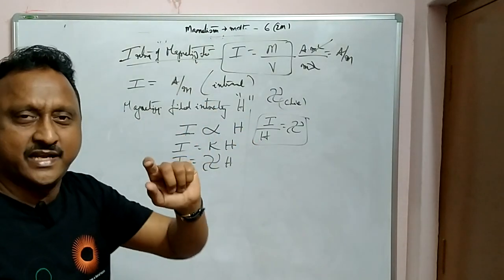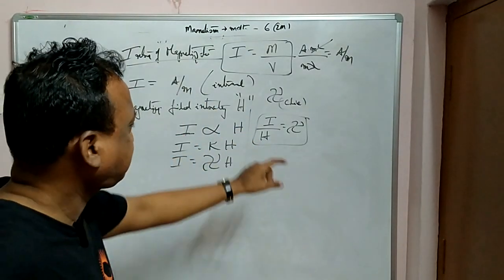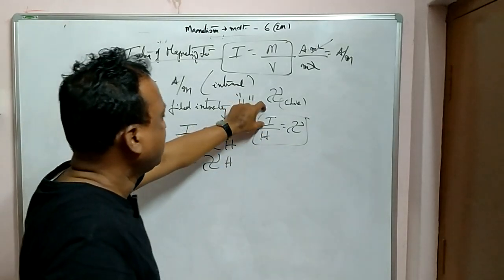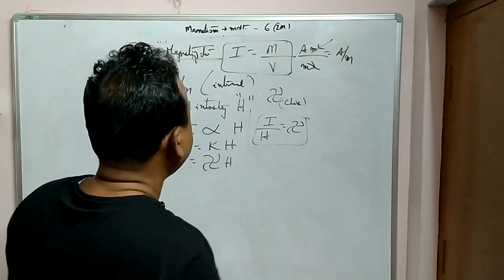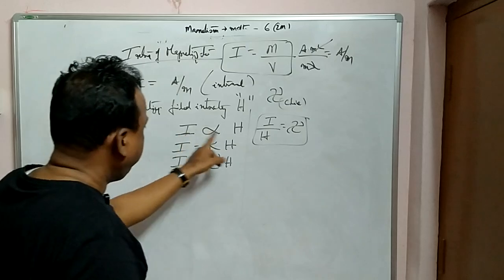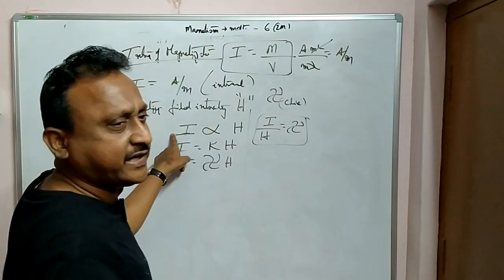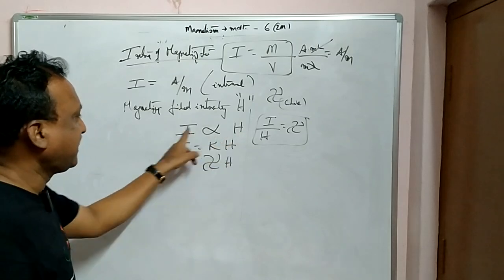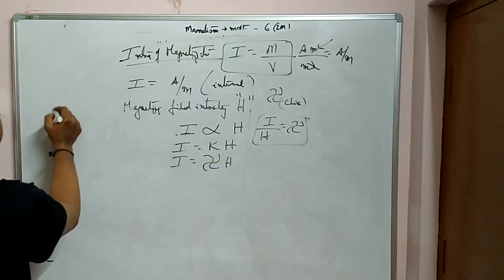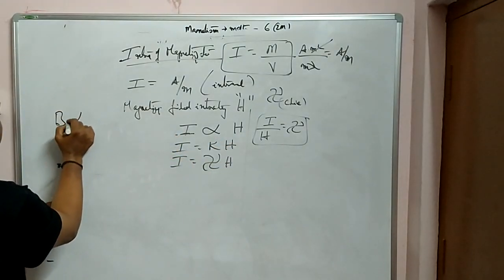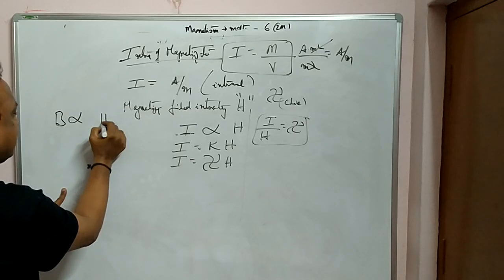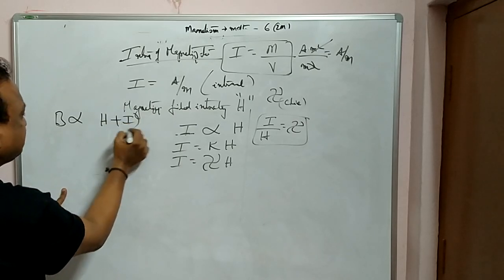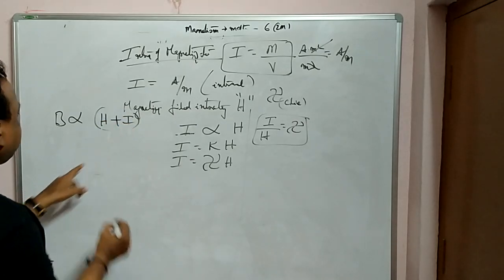Since both are intensities, it doesn't have any units and dimension. It will have some value. So I by H is equal to zeta. I just told you that I depends upon H: more H, more I, the internal; less H, less I value. So I can take B directly proportional to H plus I, where H is external and I is internal.